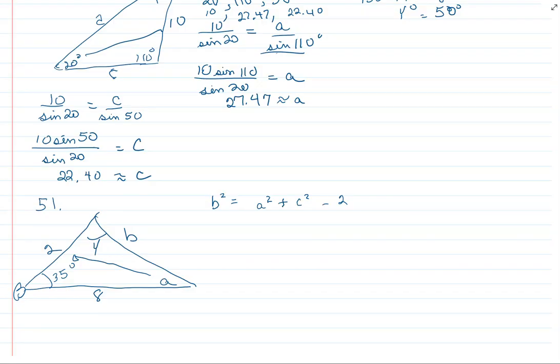Wait, I didn't go far enough. Yes, 2AC cosine B. I just want to make sure. All right. B squared is equal to 2 squared plus 8 squared minus 2 times 2 times 8 cosine of 35.